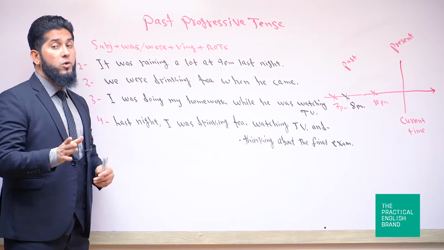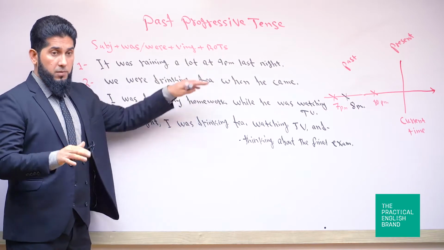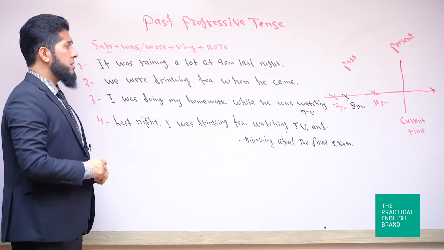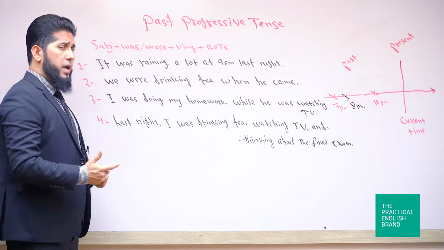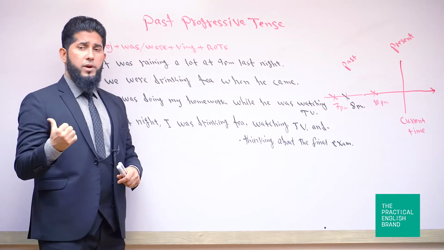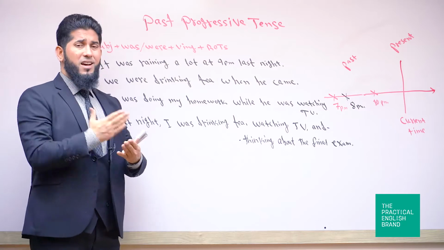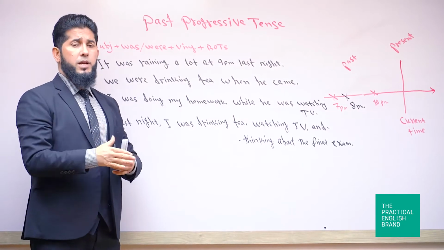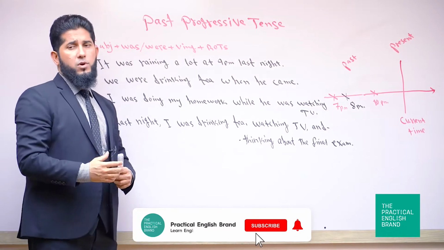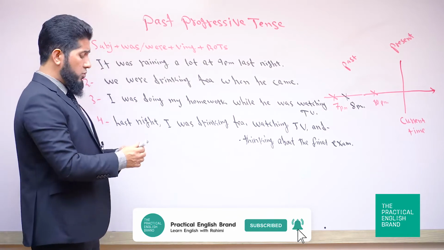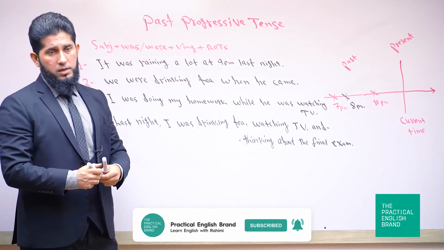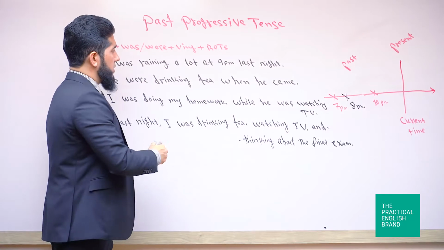The action of raining was in progress at this specific time in the past. But this tense can also be used to talk about an action that was in progress in the past and another action happened and probably interrupted the first action that was in progress. Okay, in this case we use a time clause. Okay, so look at the second example.